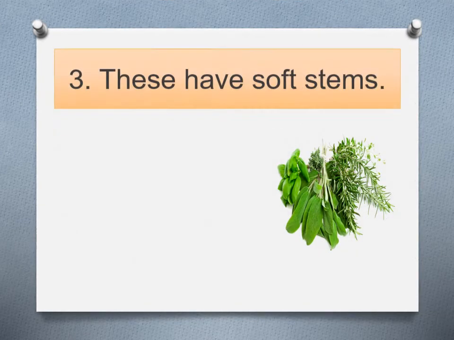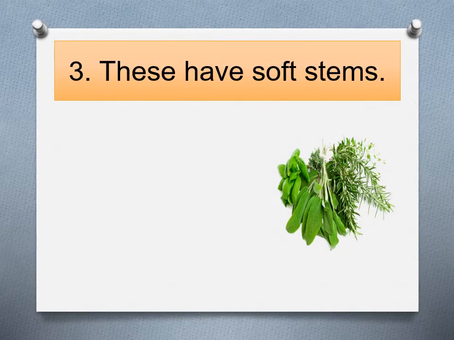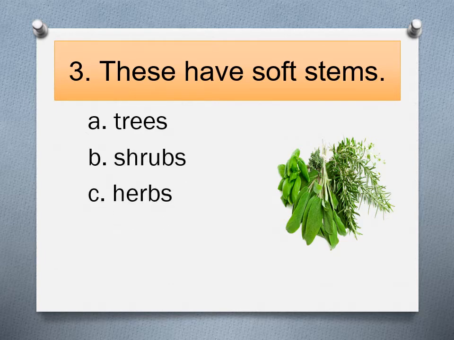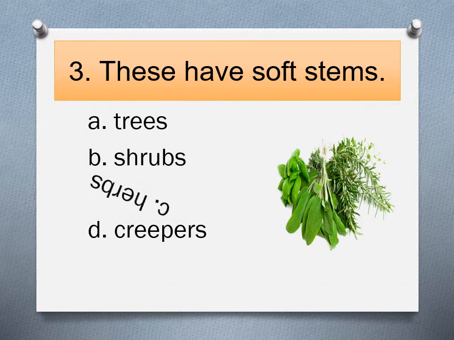Question 3. These have soft stems. A, trees. B, shrubs. C, herbs. And D, creepers. So, which is the correct answer? Yes, it is herbs. Herbs is our correct answer.